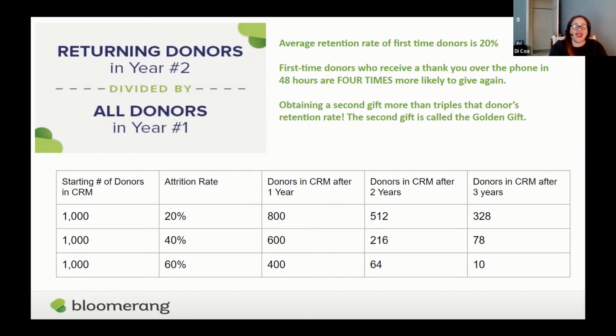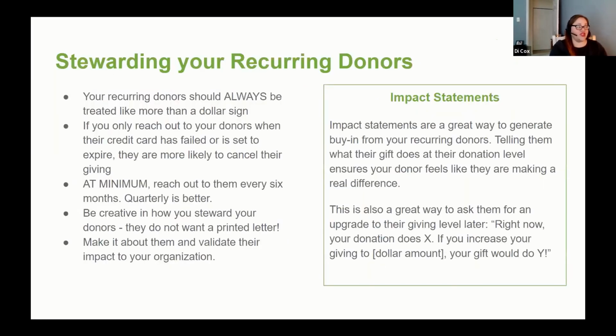Taking all of that into consideration, once you have recurring donors, regardless of the number, whether you have 2 recurring donors or 300, you should have a stewardship plan in place for them.